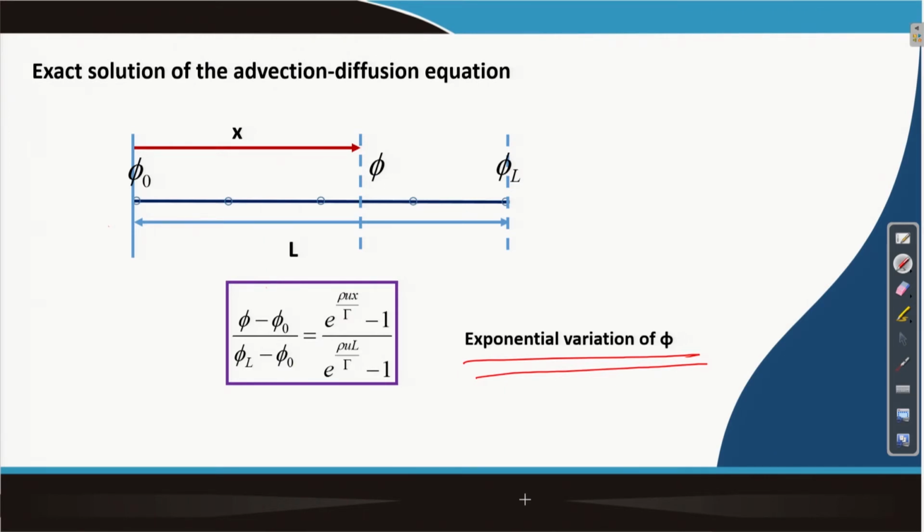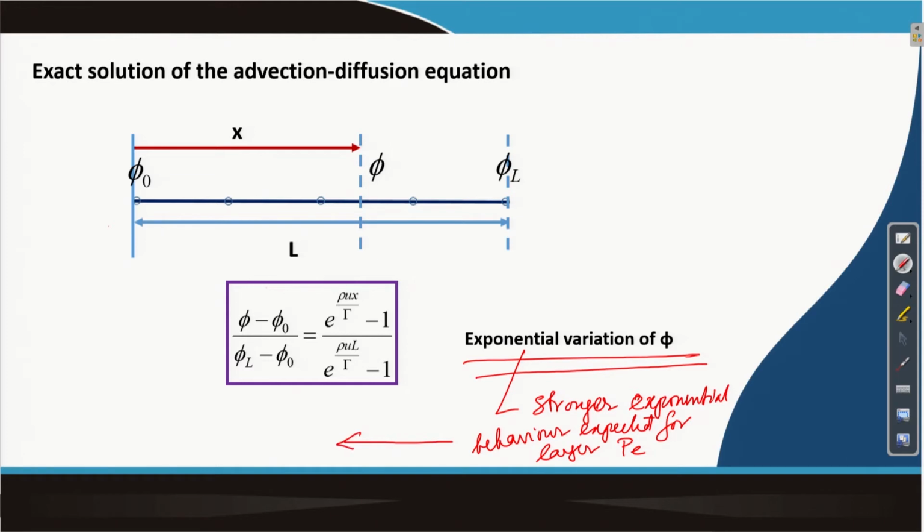So, that means advection becomes stronger and stronger. So, stronger exponential behavior is expected for larger cell Peclet number, which means stronger advection.